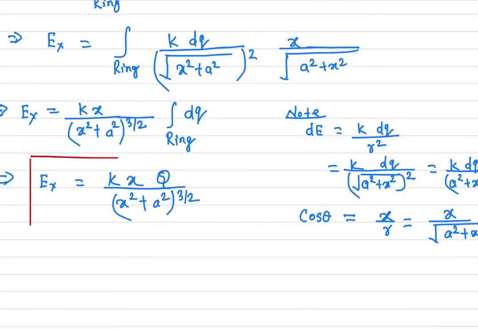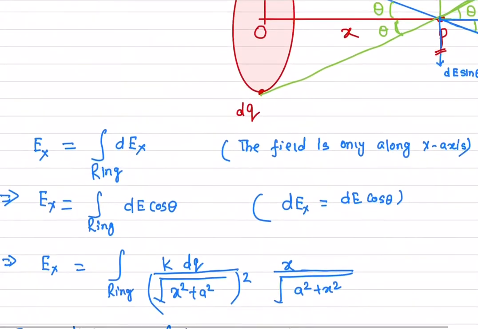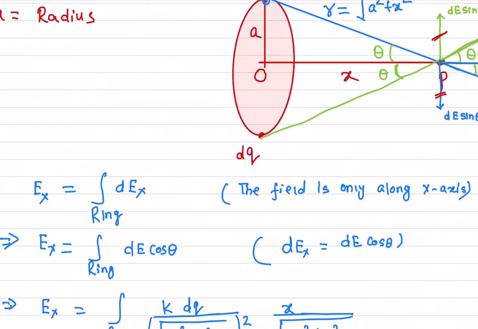And this is the electric field due to a charged ring at any location on the x-axis, that means along this line here.